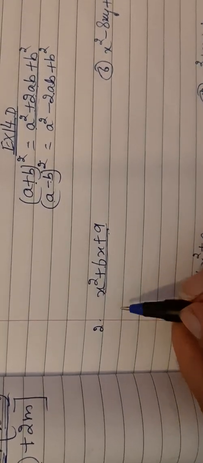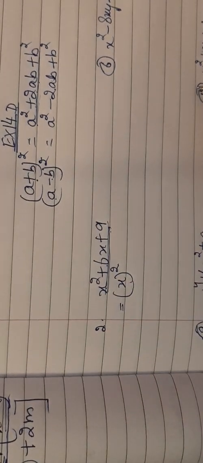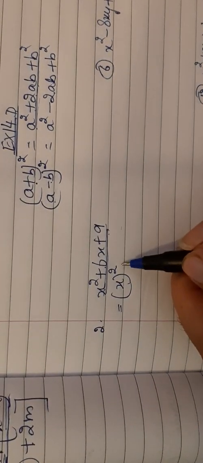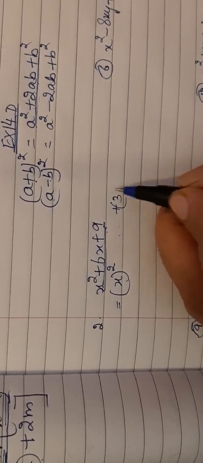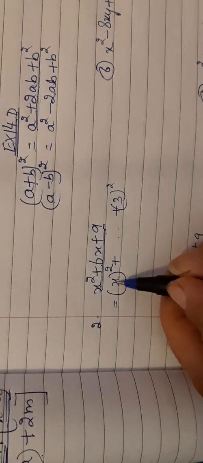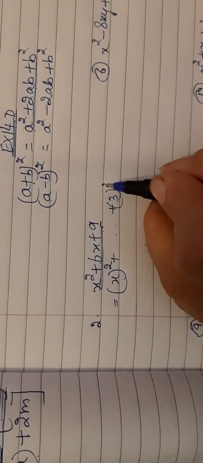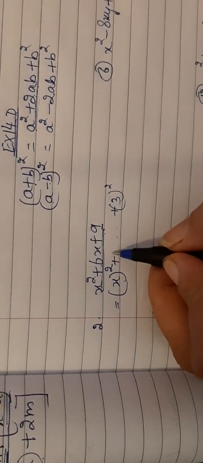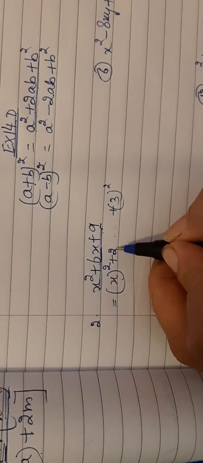Now you know that x square is the square of x. Similarly, 9 is also the square of 3. Now it becomes a square, and this is b square. Now I think you can split this 6x into the form twice ab.